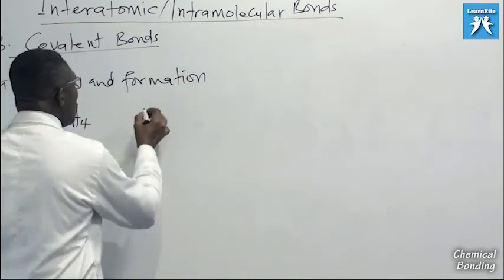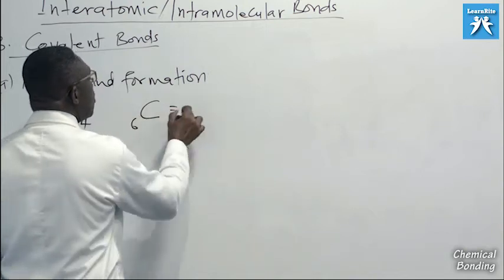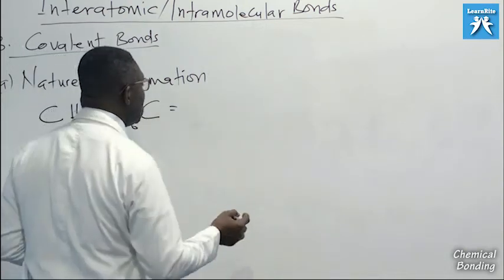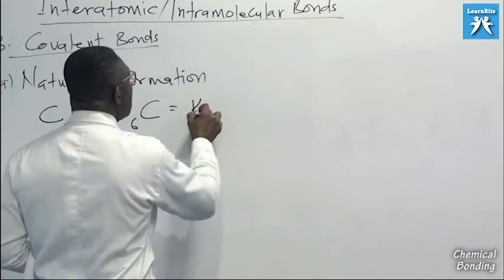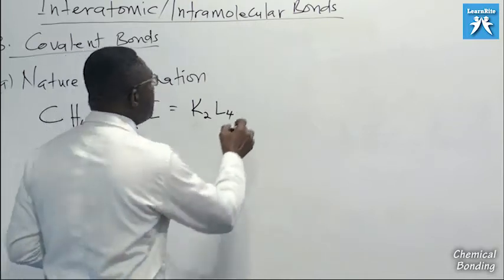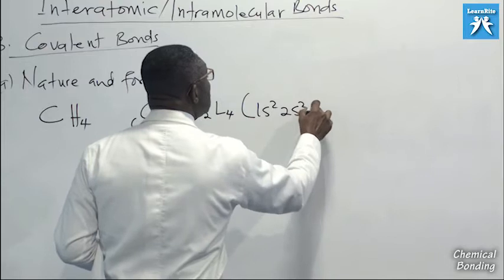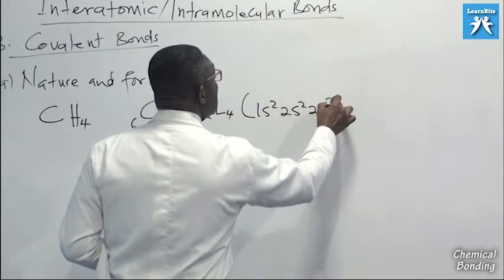Let's see it well. What is the nature of carbon? Carbon has atomic number 6. In terms of electronic configuration, using the shell, we have K2 and then L 4. Or if you use the detailed one, we have 1s2, 2s2, 2p2.